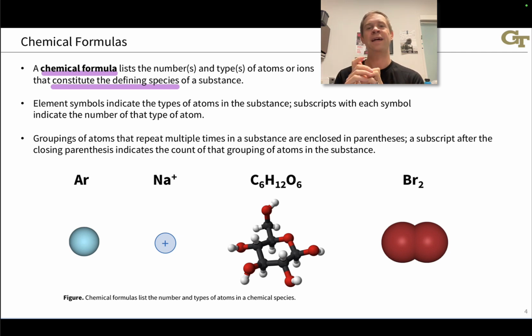In this way, that particle is the smallest defining unit of that substance. For example, this molecule is the defining unit of glucose. If this is chemically modified, if this group is replaced with another set of atoms, that is a completely different substance. If this is broken apart into multiple molecules, completely different substances, right?